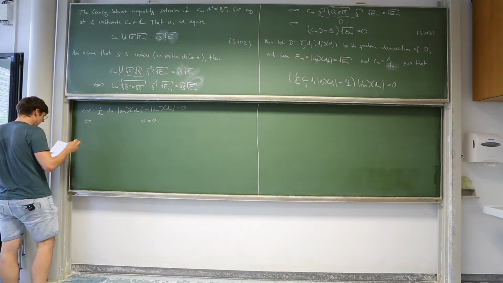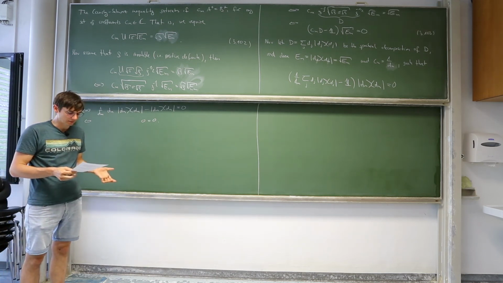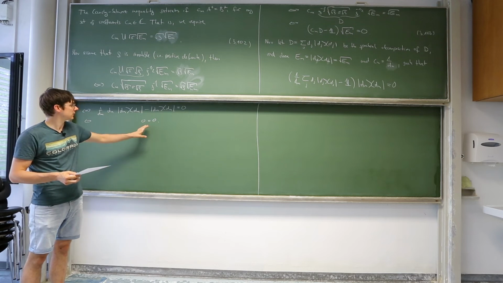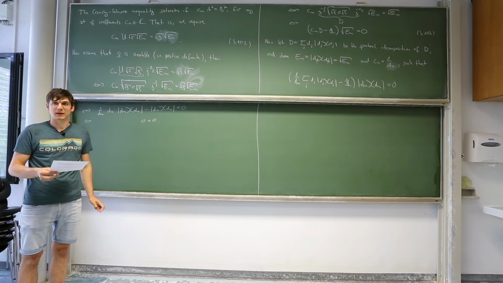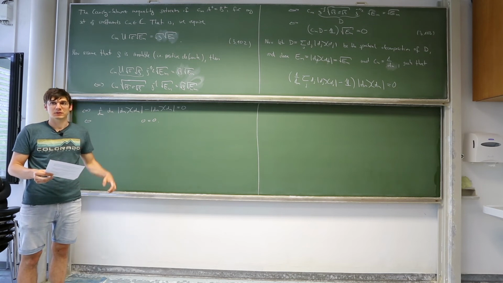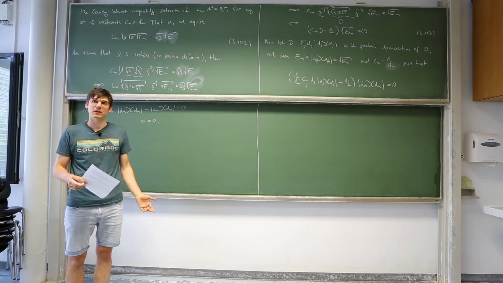How one does this case is one argues that this result also holds for rho having some eigenvalues equal to 0, because if it has eigenvalues equal to 0, it's not positive definite anymore, but positive semi-definite.